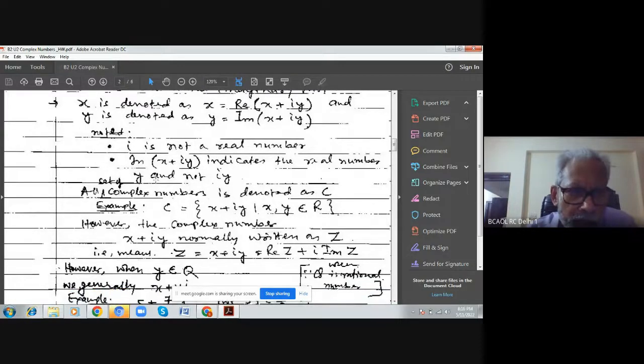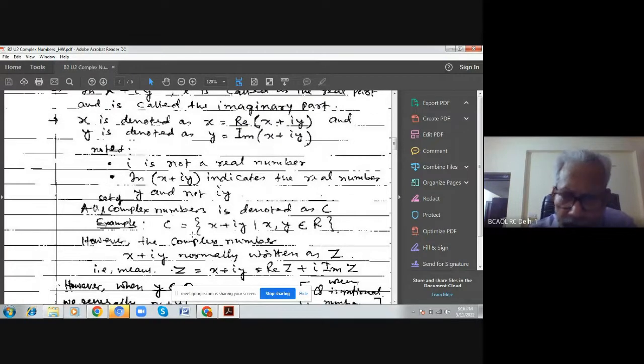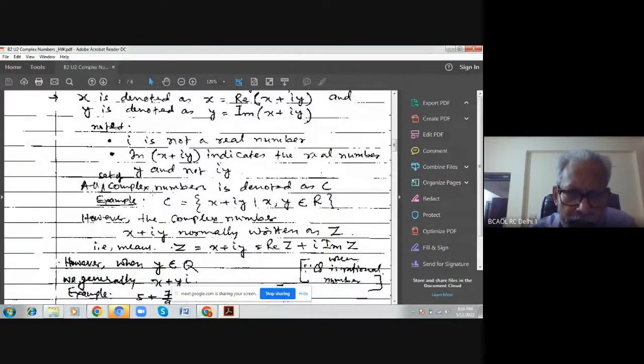Normally a complex number is generally denoted C. So C is equal to x plus iota y, where x, y belong to the real numbers. In this case x, y belong to the real numbers; this is all real number except iota.